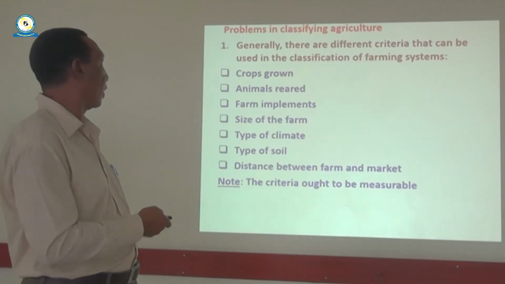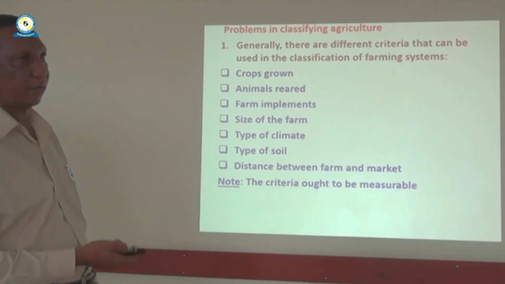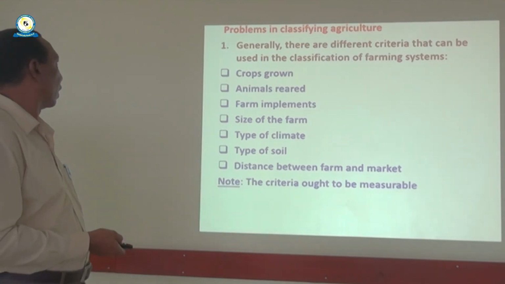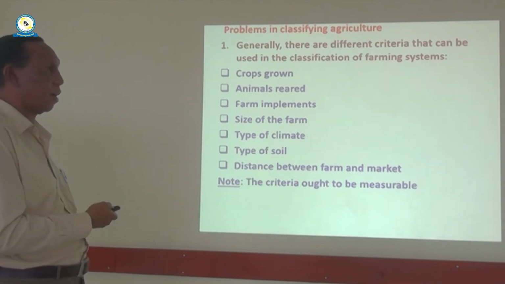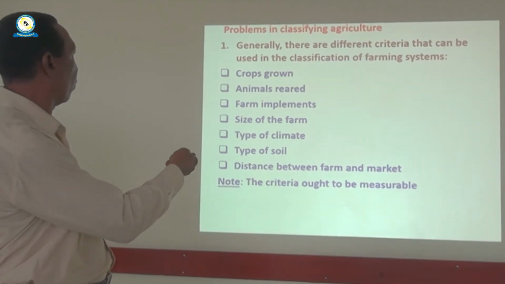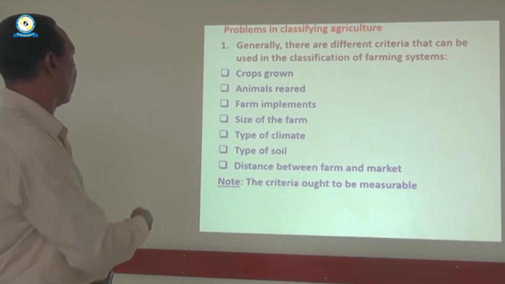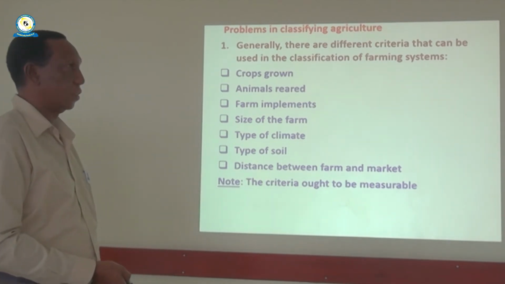Now, similarly, in this case, you find some problems in classifying agriculture. Generally, it's easier to say the criteria for classification are so and so. For example, there are different criteria that can be used in the classification of farming systems. They are listed here.